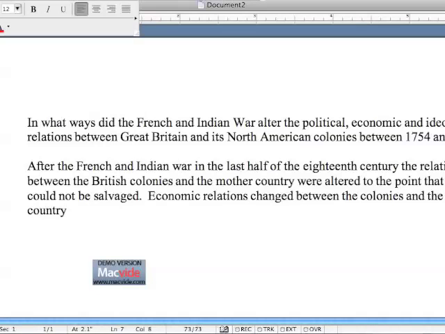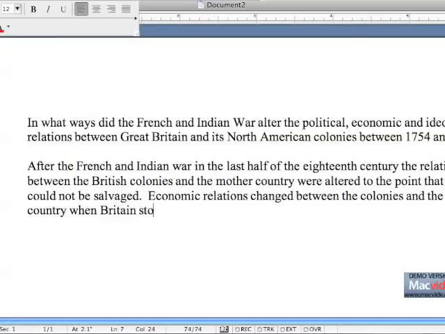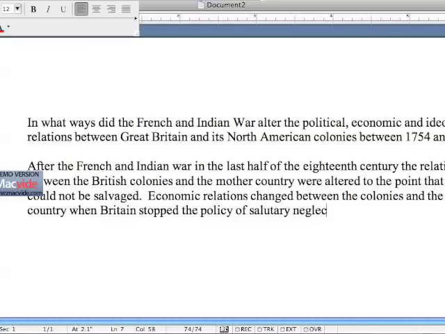But that really doesn't tell me why. So, economic relations changed between the colonies and mother country when Britain stopped the policy of salutary neglect. Now, great, so they stopped the policy of salutary neglect, but how does that change the relationship?